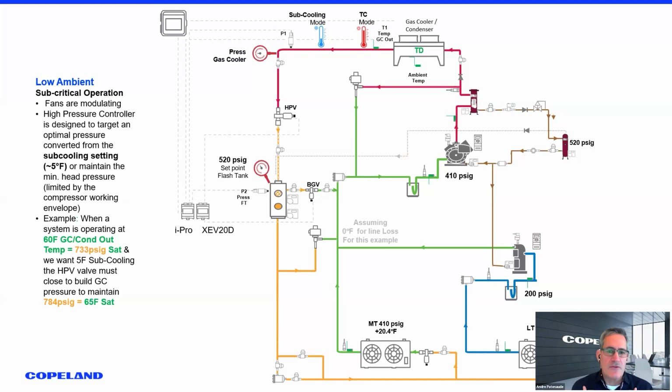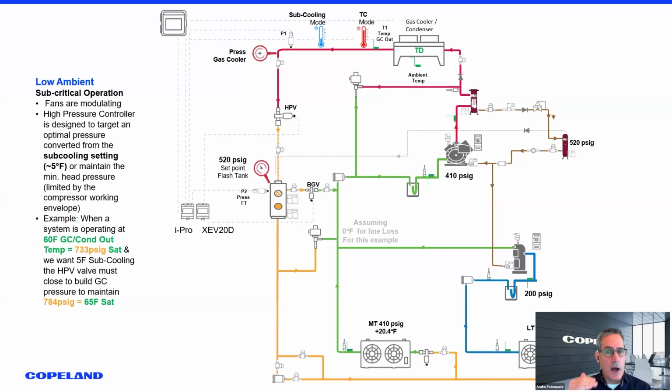So then all the high pressure valve has to do is close or open to maintain an optimum pressure. So transcritical mode is kind of easier, if you will.